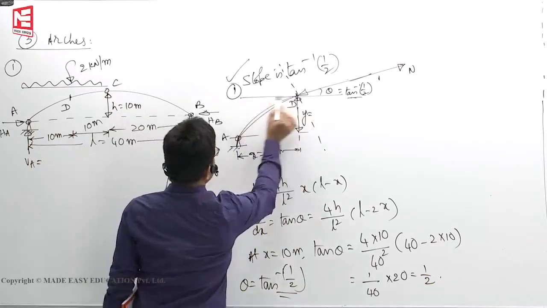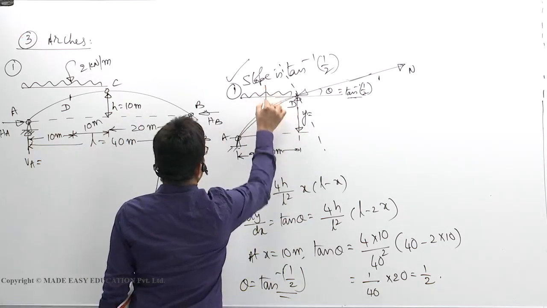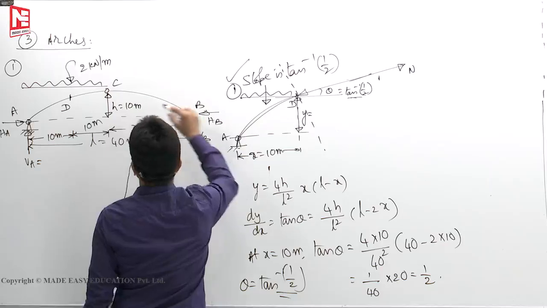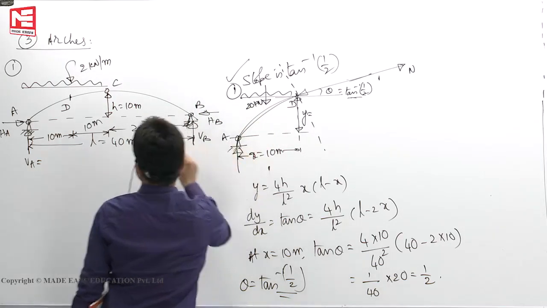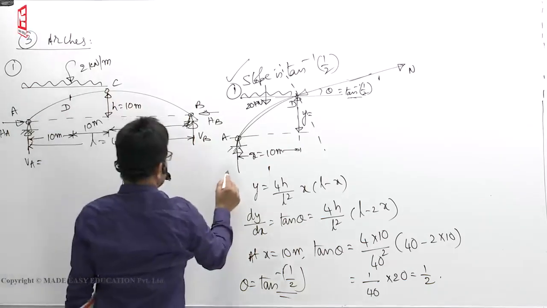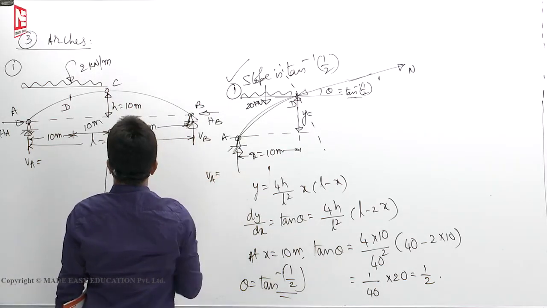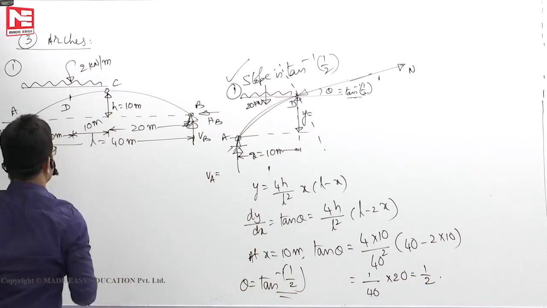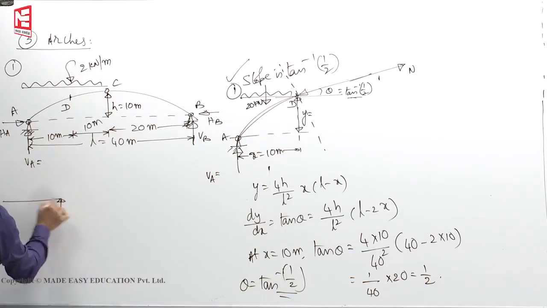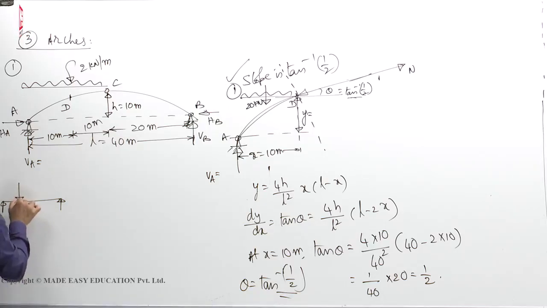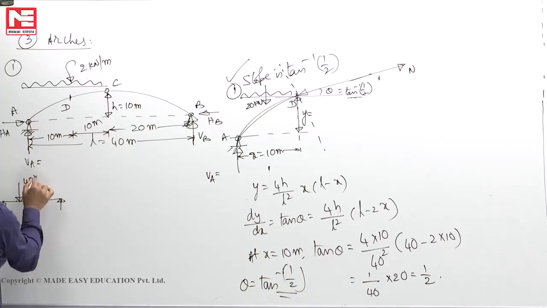So there is UDL here. Downward load: 10 into 2, 20 kilonewton downward. If I take it as a simply supported beam subjected to the point load, 2 into 20, 40 kilonewton, this is now 10 meters, 30 meters.